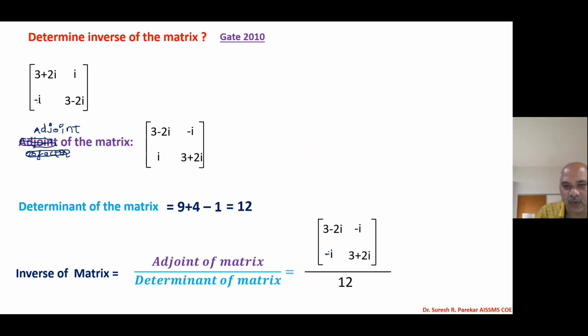So this is adjoint only, this is plus only. So 3 minus 2i, minus i, plus i, 3 plus 2i. For a 2 by 2, we have the adjoint just by changing these. This is my matrix, sorry, this is 3 plus 2i. I have to just exchange these elements, and then change the sign of these elements. That directly gives me the adjoint.